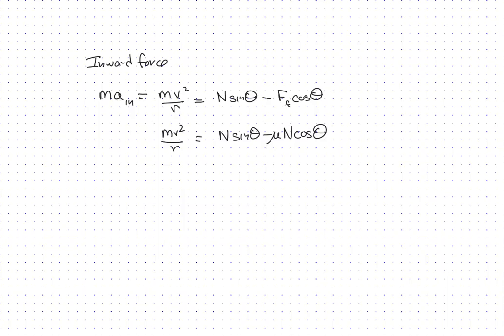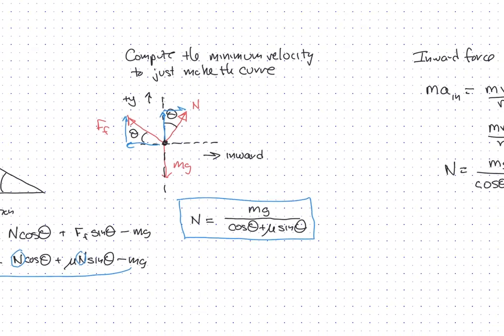And we could substitute in N. Remember that we wrote N is mg over cos theta plus mu sine theta, right? That was our expression right there.